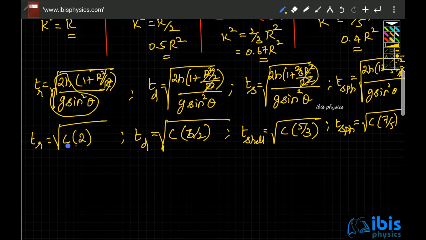Now if you look at all of them, the ring takes the longest time, so it reaches the ground last.